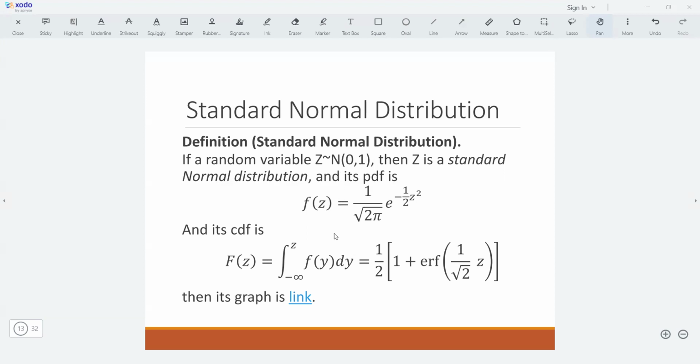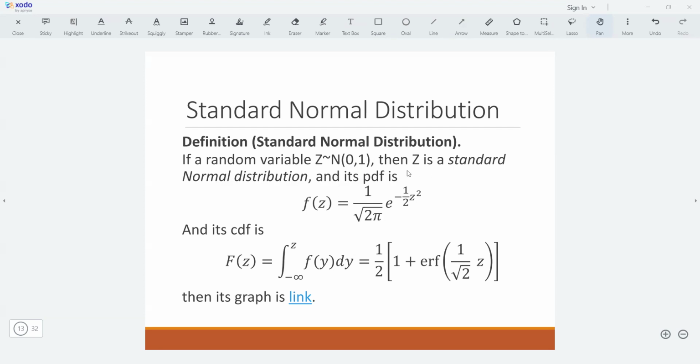For a continuous random variable, to compute the probability that it lies between A and B, we take the integral of the probability density function from A to B with respect to the random variable.